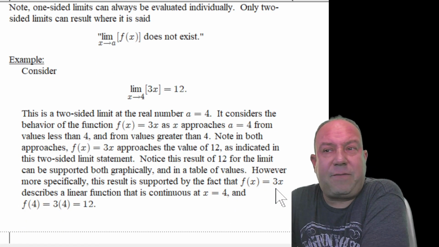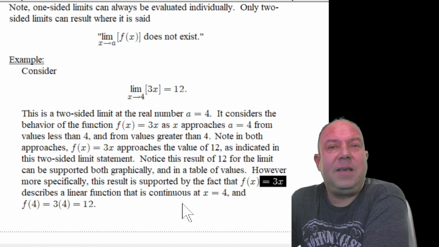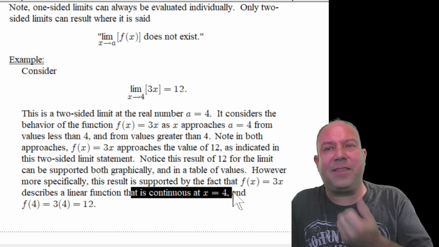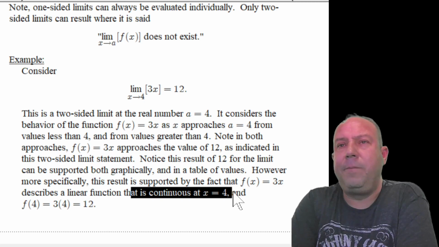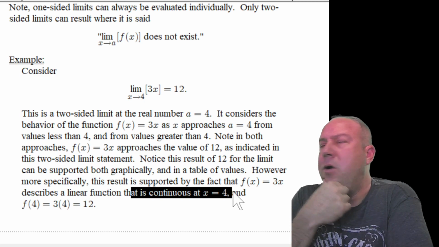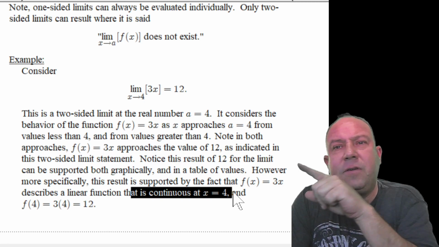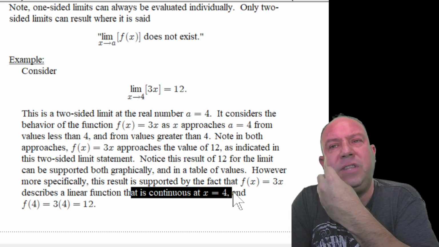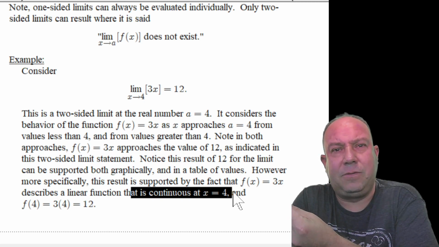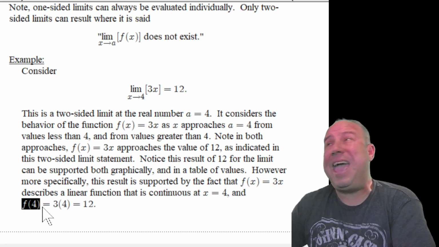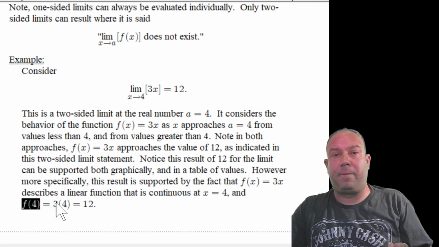the function f of x equal to 3x is a linear function that is continuous at x equal to 4. Being continuous at x equal to 4, whether we approach from the left or from the right, will always have us approaching the exact same value, and that value is the output of the function f at 4.